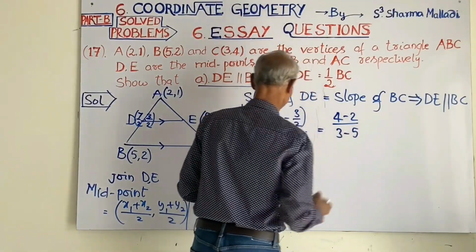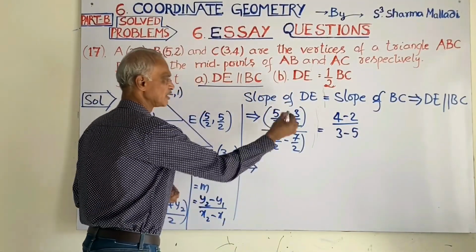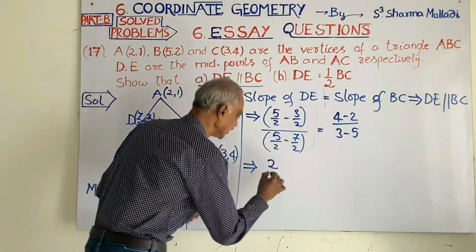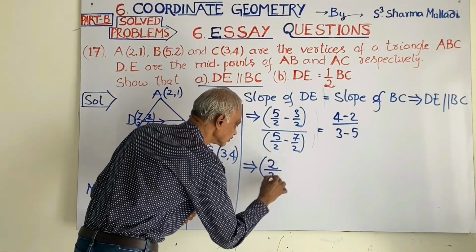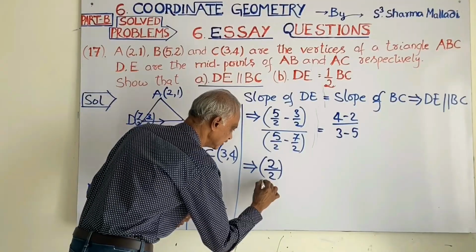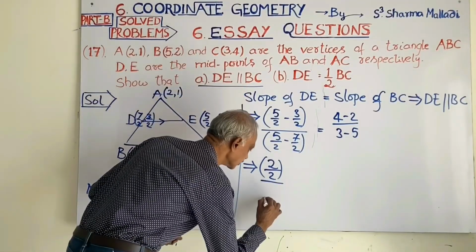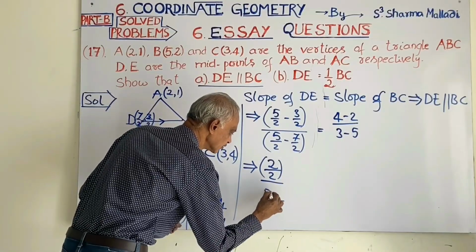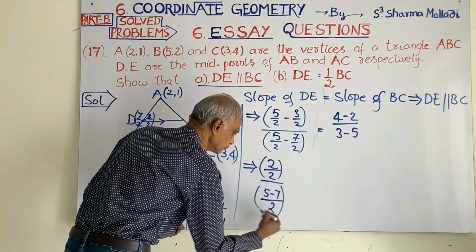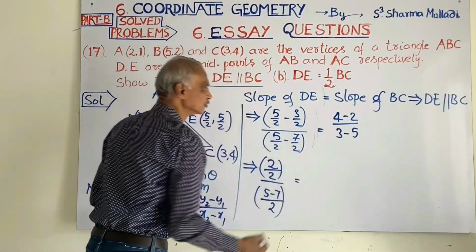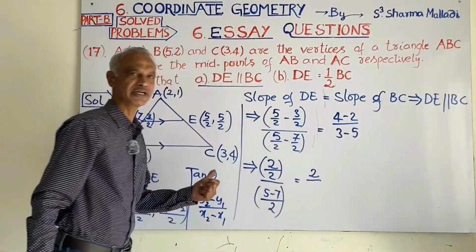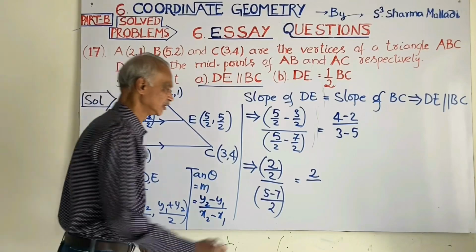Now 5/2 minus 3/2 means 2/2, and divided by, next you take LCM 2, (5 minus 7). 4 minus 2 is 2, and 3 minus 5 is minus 2.